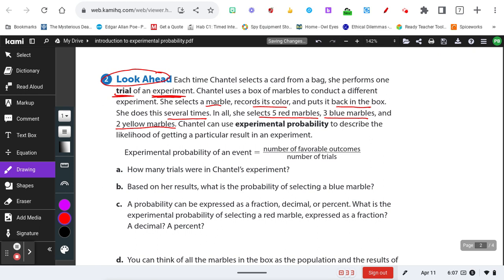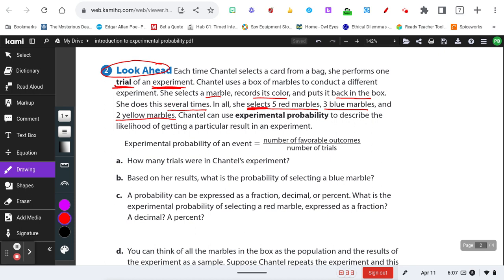Notice it did not say if the box contains 5 red, 3 blue, and 2 yellow. What's the probability you'll select this? That is theoretical. She selected already, so that has to be an experiment because she actually did it.